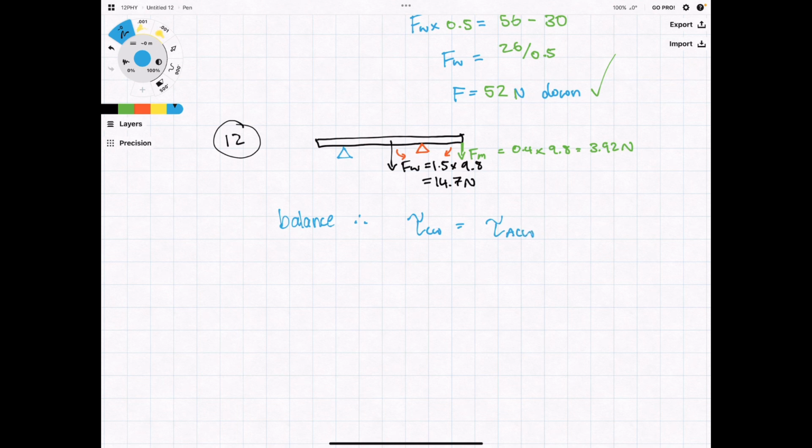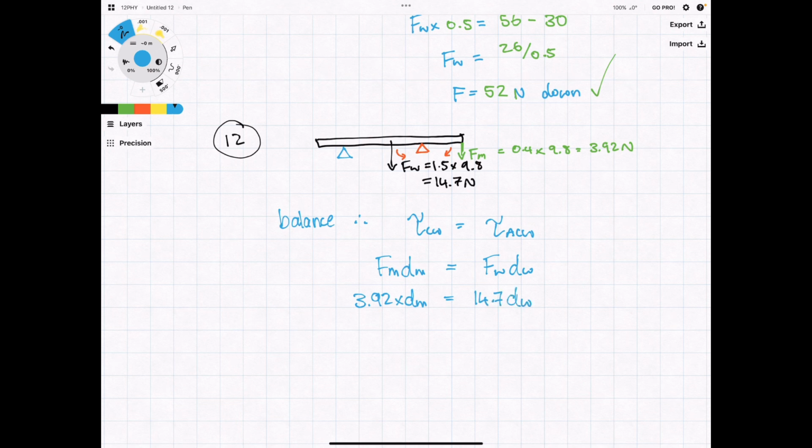Clockwise and anti-clockwise. In the clockwise direction, we have our 400-gram mass. Okay. F M, D M. And in the anti-clockwise direction, we have the weight force. Fw, distance of the weight force. Okay. Let's put in what we know. 3.92 times dm equals 14.7 dw.